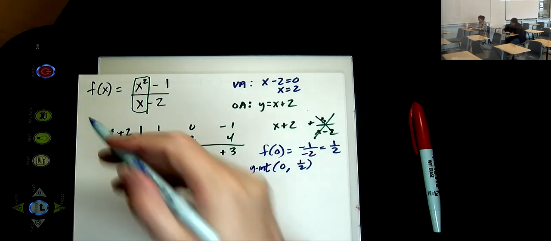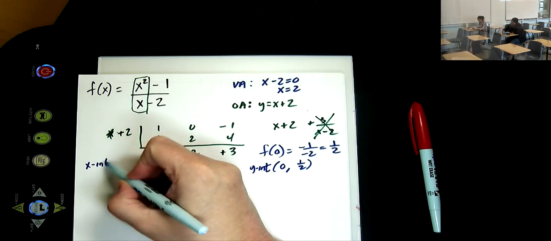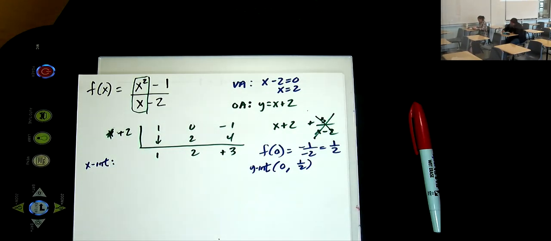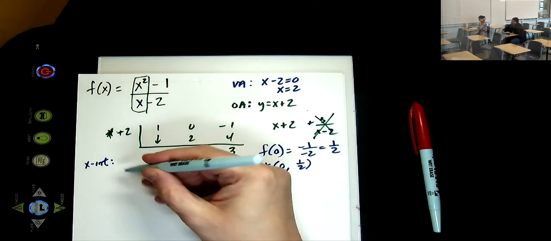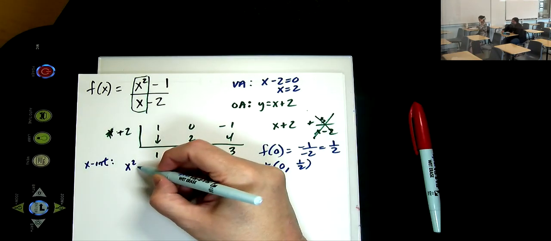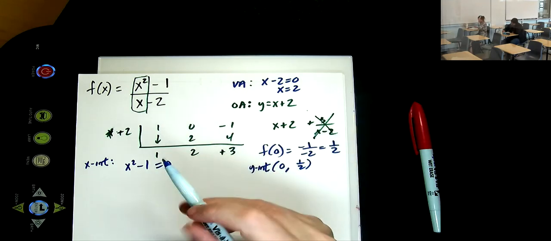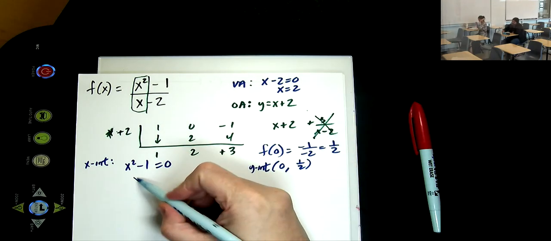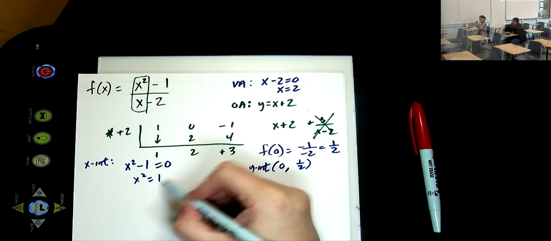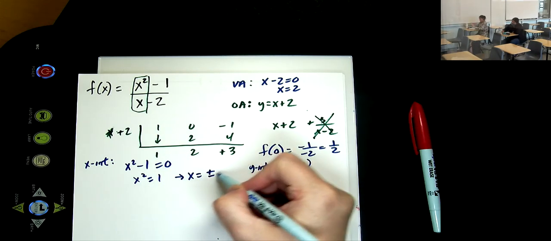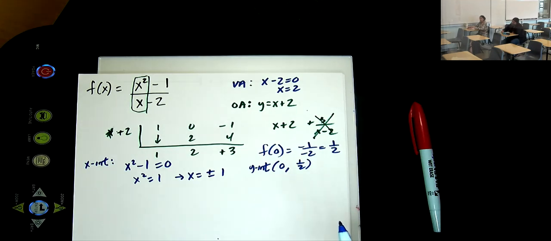What about the x-intercepts? Okay, that should get you to here. Should get -1 also.